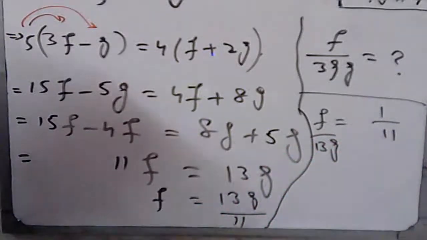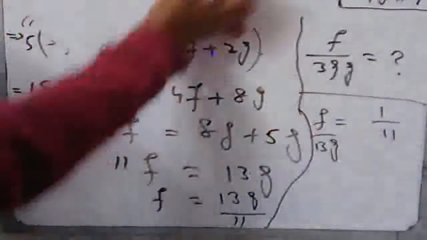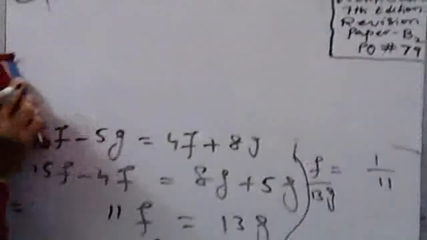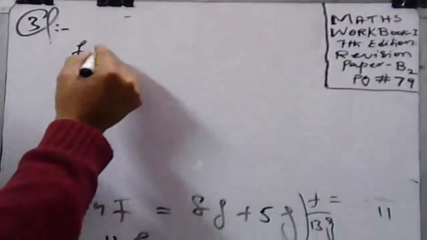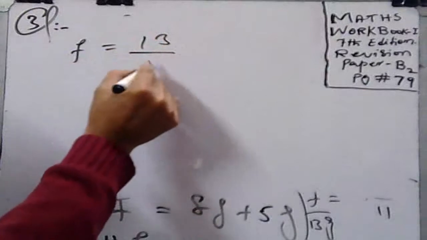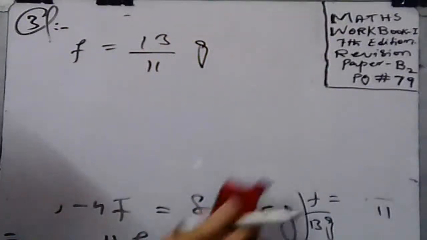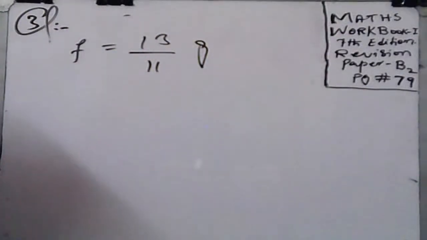This one is a very important step. You can see here, as f is equal to 13 by 11g, we need the value of f by 39g.